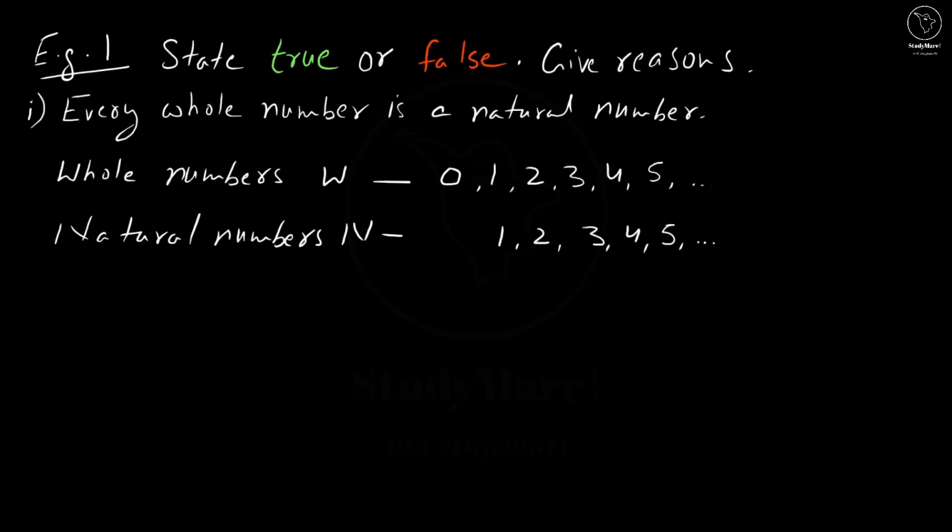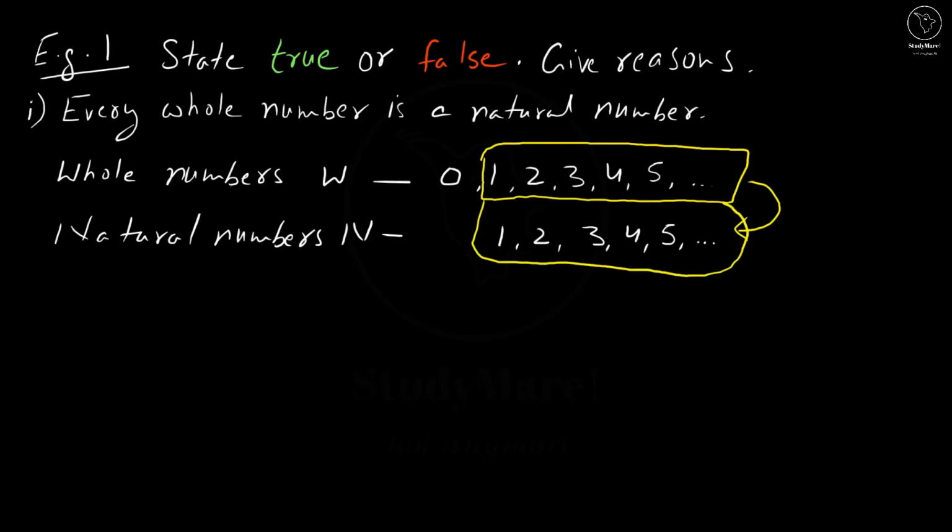We get the next number in both the lists by adding 1 to the given number, and both the sets continue till infinity. Now, if we look at both the sets, we observe that starting 1, we have all the ascending numbers in both the lists, which are 1, 2, 3, 4, 5 and so on till infinity.